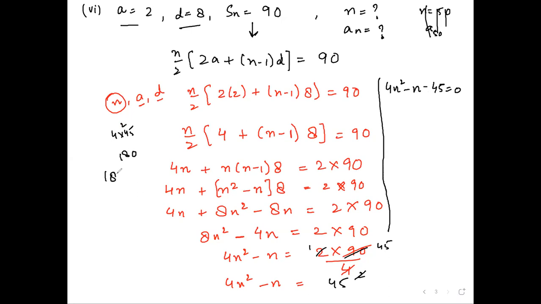Now do prime factorization of 180. So 2 into 90, then 2 into 45, then 5 into 9, then 3 into 3, and 3 into 1. Now I need minus 1 in the middle term.